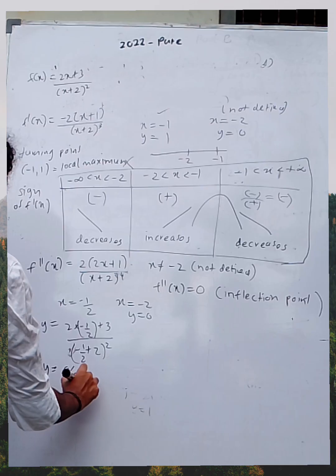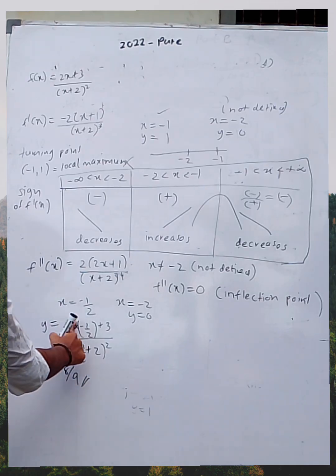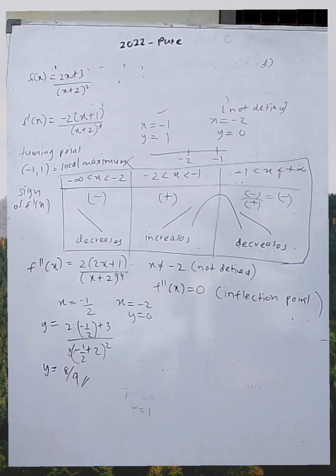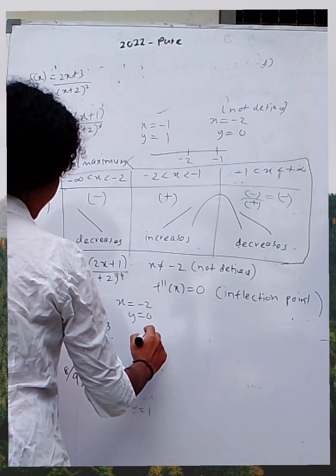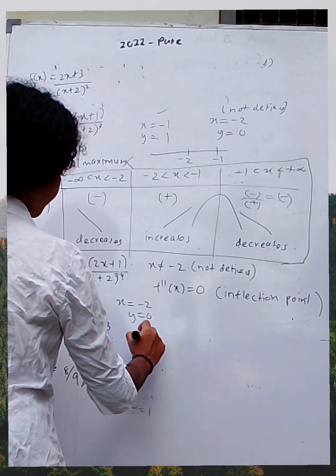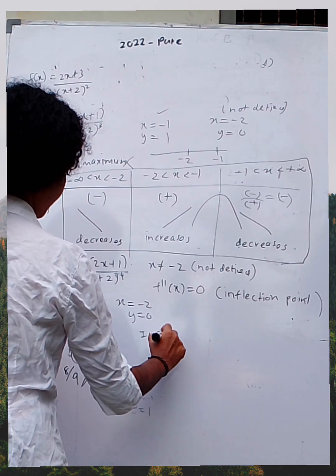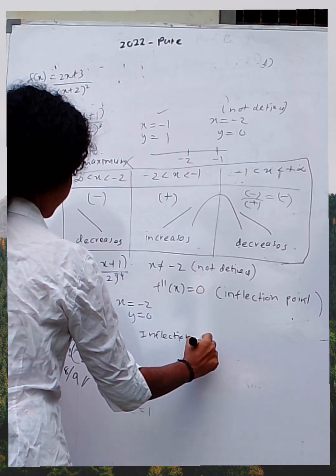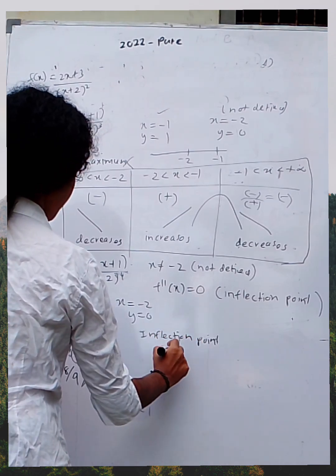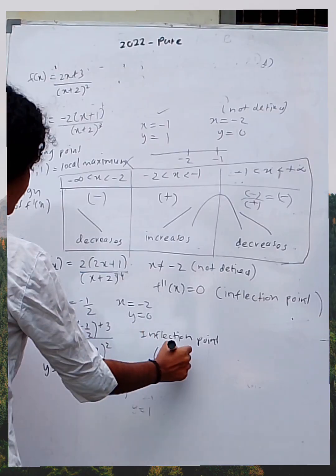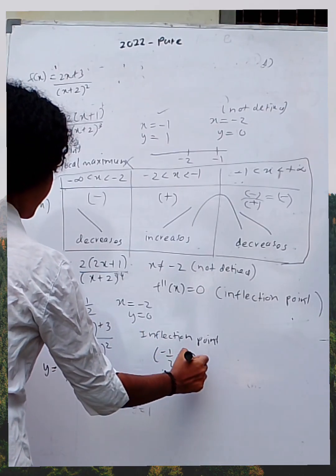Once you simplify this, you'll get 8 divided by 9. So that is our inflection point. The inflection point is minus half, comma 8 divided by 9.